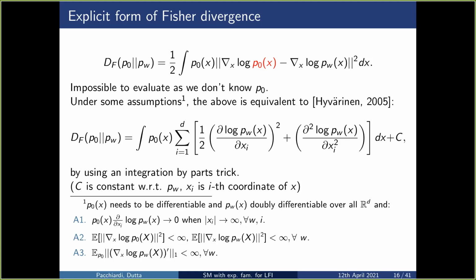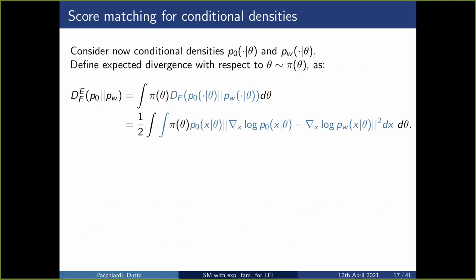And all these theorems for the consistency of this score matching can also be proven very easily. That's what we have in our paper to show that under some assumptions, this consistency still holds. Now we want to extend it for the conditional densities, because until now it was only for x. Now we also have theta and we are drawing those thetas from the prior.